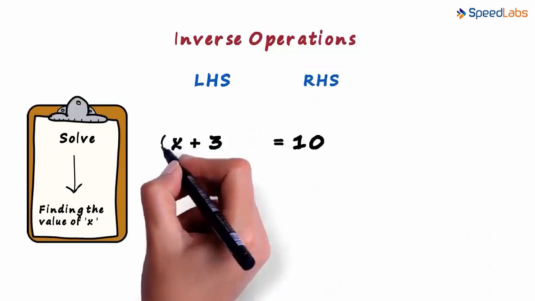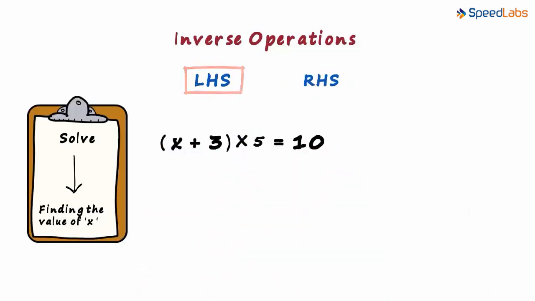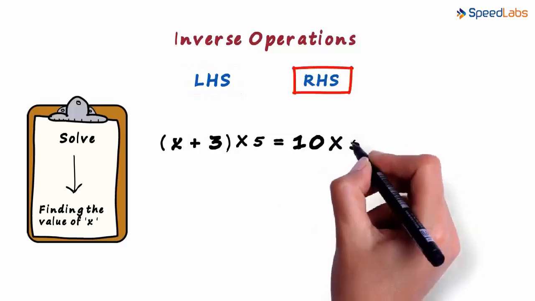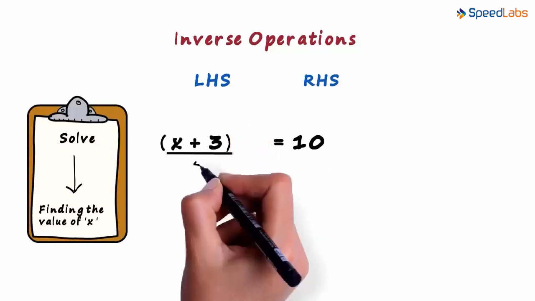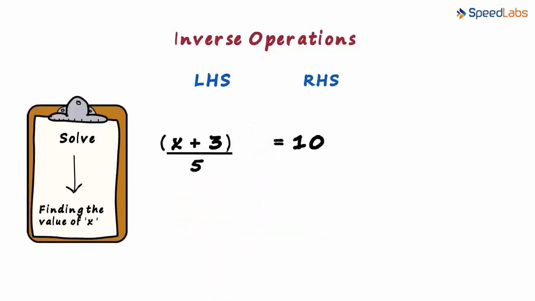If we multiply the left-hand side by the number, we have to multiply the right-hand side by the same number. But remember, we have to multiply the entire side. By putting these brackets here, it means that we multiplied the entire left-hand side by 5. And if we divide the left-hand side by the number, we also divide the right-hand side by the same number.